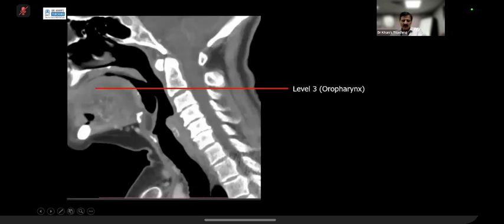Now we are passing through the tongue, the oropharynx or the oral cavity level. You can see that the slice is not passing through the soft palate. The slice is not passing through the epiglottis. So these two are something which are projecting into the airway.